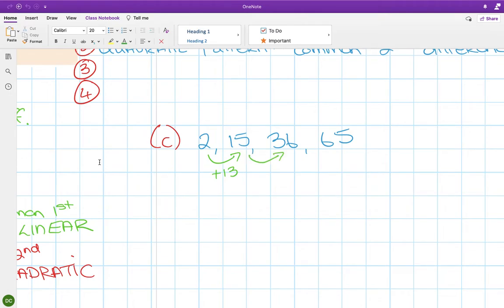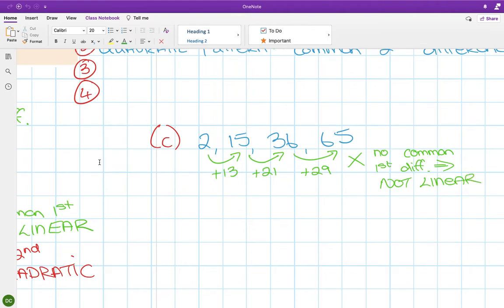This is plus 21. And this one is plus 29. So we have no common first difference. So it's definitely not linear.